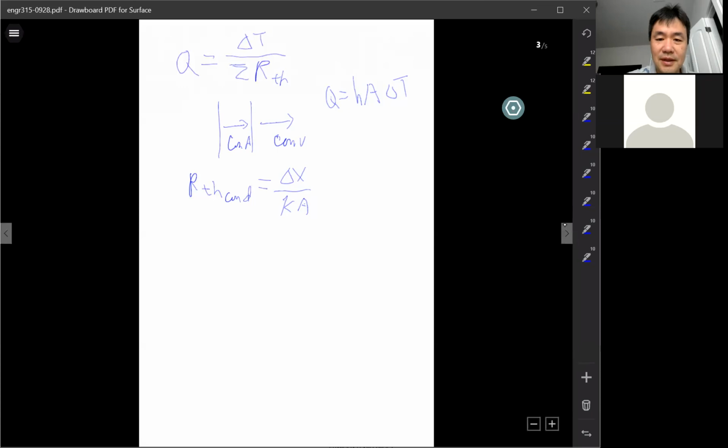So does the convection thermal resistance equal one over h A? Is that simple?